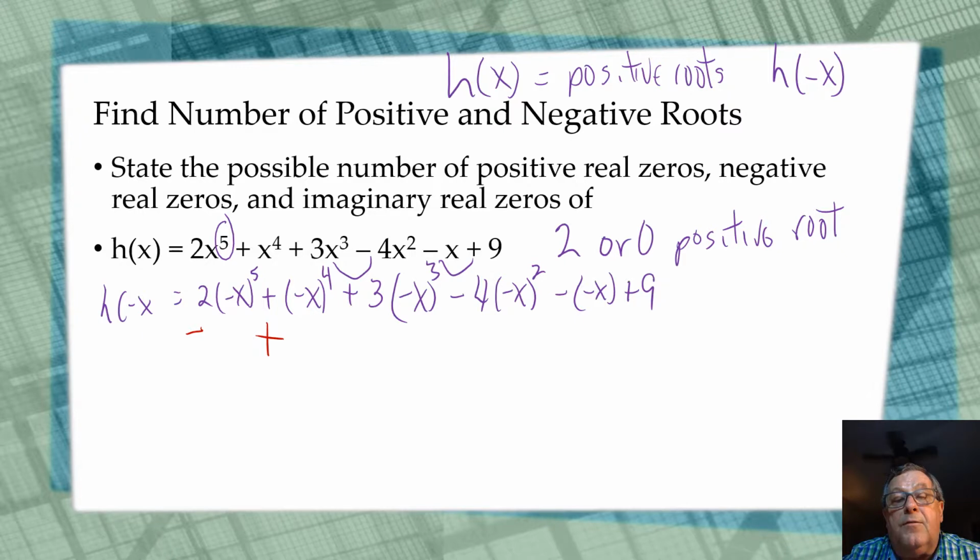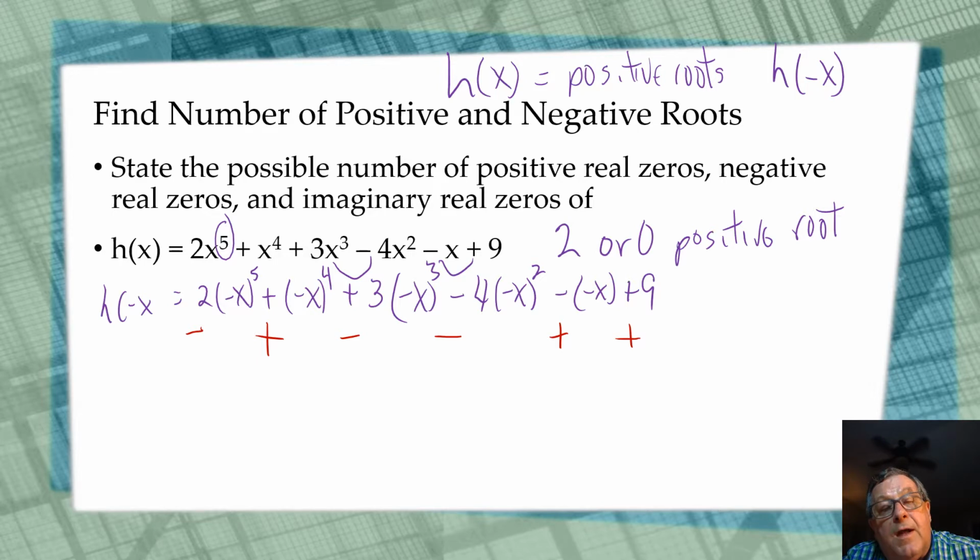But on 3 times negative x cubed, that one's going to change. Negative 4 times negative x squared, that sign is not going to change. It's raised to an even power. But negative x to the 1st, or negative x, that will change to a positive. And, of course, my constant's not going to change.